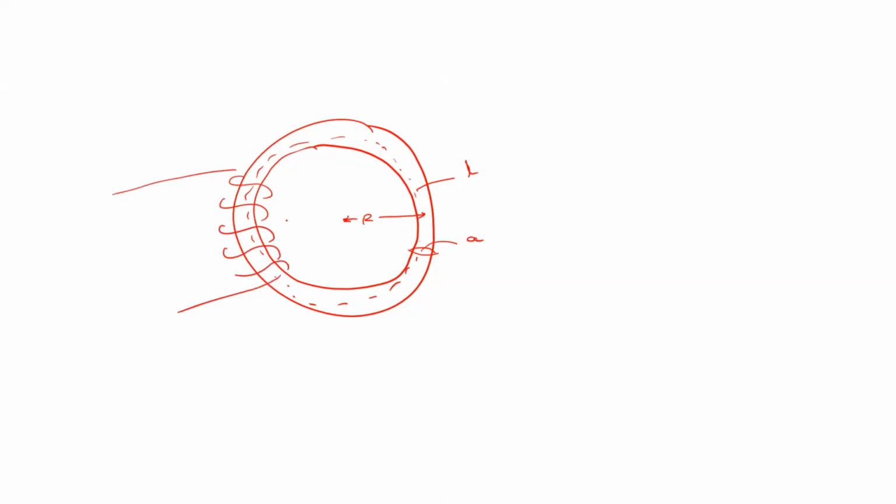Now, for example, you have some material, something like this, which has some mean radius R, and its cross sectional area is A, and its mean length is L. It is energized with n number of turns.